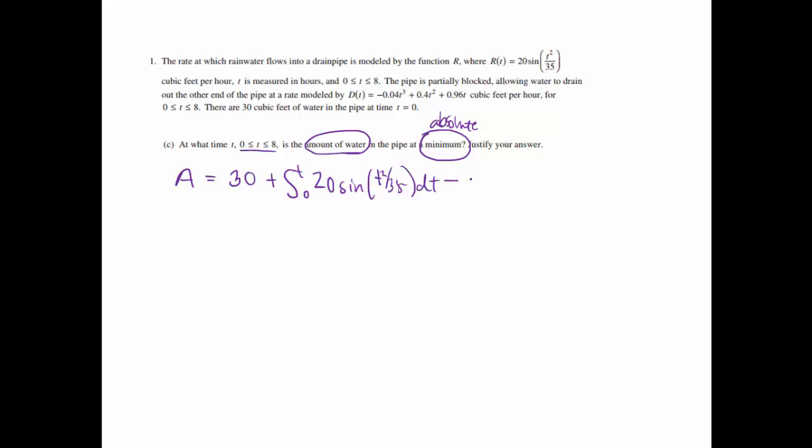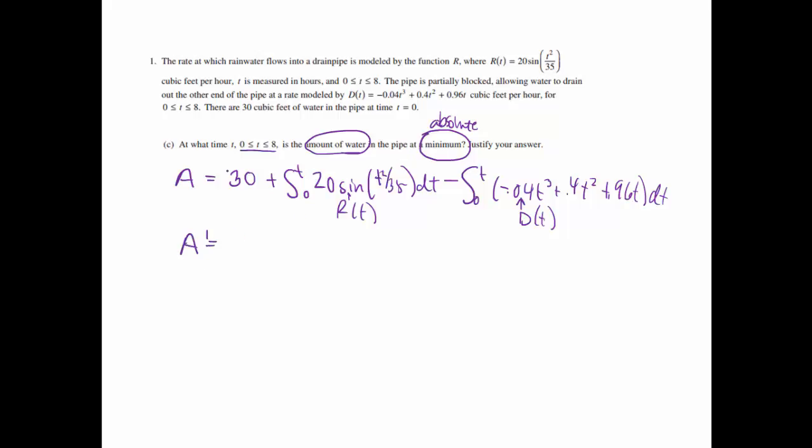And then we're going to subtract how much is coming out, which would be the integral from 0 to t of 0.04t cubed plus 0.4t squared plus 0.96t dt. And I could have just written R of t, actually that would have been easier, and D of t. Okay, so that's my formula for how much water's in the pipe. If I want the absolute minimum, I need to take the derivative of that.